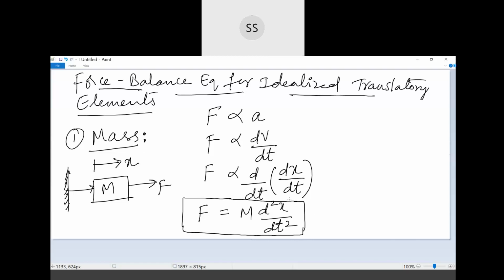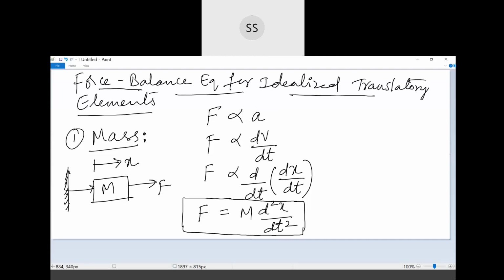So how do we develop this? We consider a mass, F is the force applied to it, and x is the displacement. For the applied force, an opposing force will be given by the mass, and this F will be proportional to the acceleration of the body.